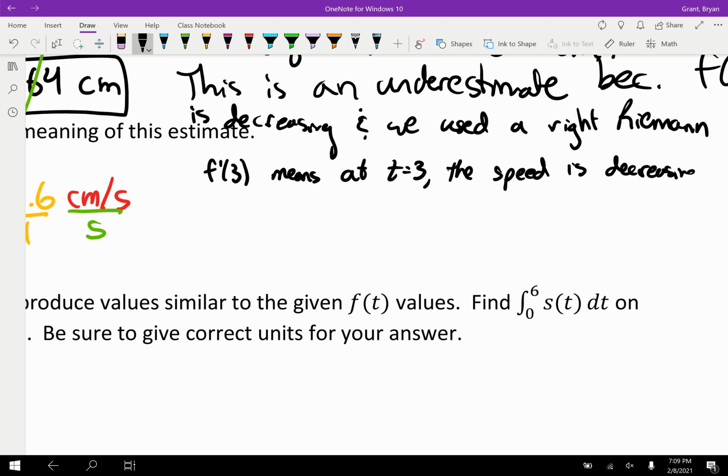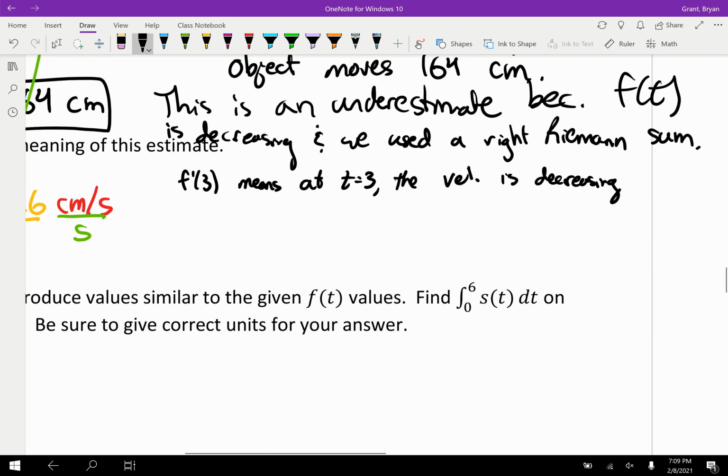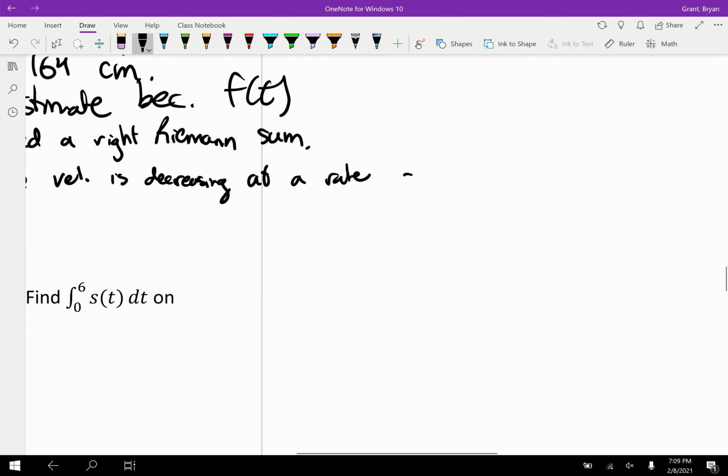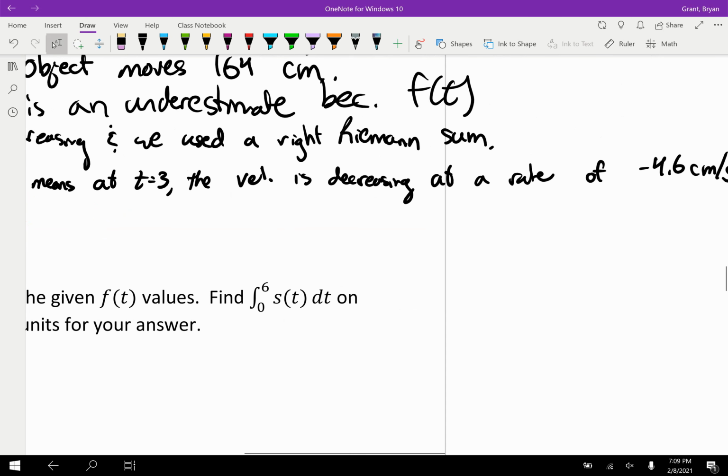And actually, velocity would probably be better because speed and velocity can really be confusing here. Plus, velocity is really easy to abbreviate, is decreasing at a rate, and I know I'm using infinite paper, I apologize, of negative 4.6 centimeters per second. Now, that would actually be wrong. You're like, wait, you just made me write a giant sentence and it's wrong?